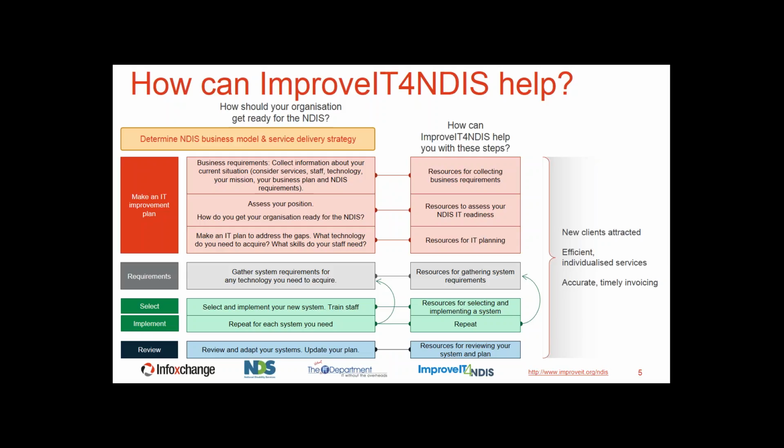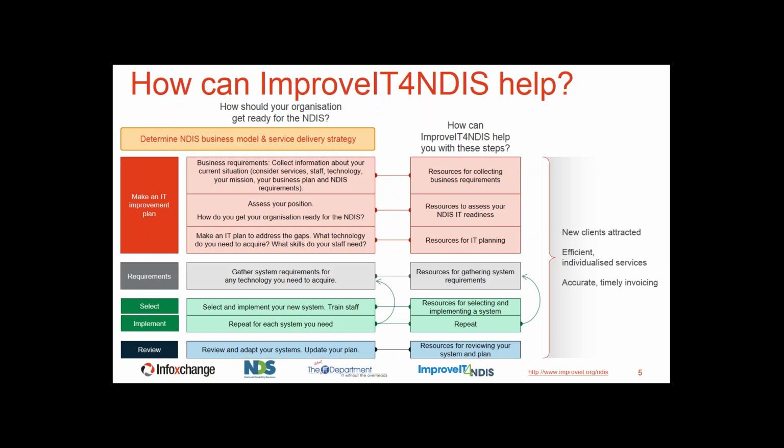The reason why the IT plan is so important is because we find that there's always so much to do within an NDIS environment to get ready that if you don't prioritise and you don't focus and make sure the resources are allocated, then organisations are much less likely to upgrade their IT and upskill their staff to get ready for efficient operations.